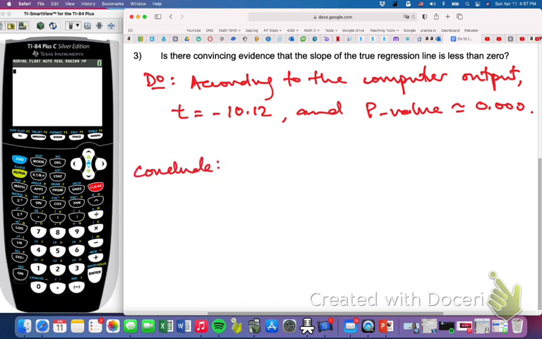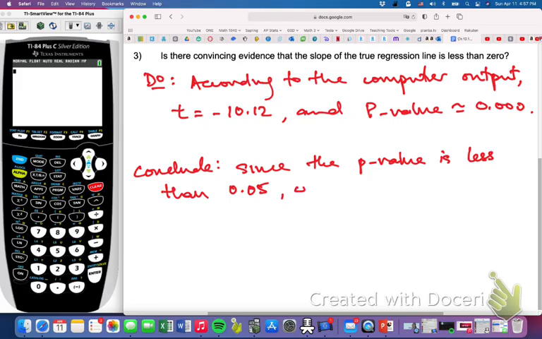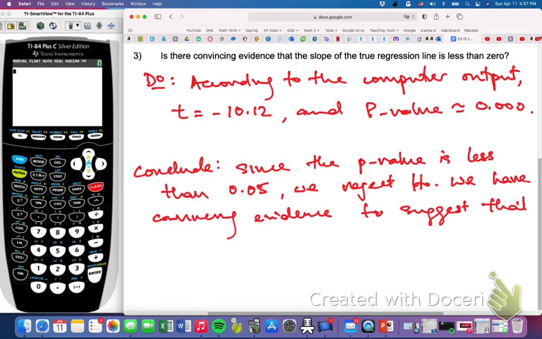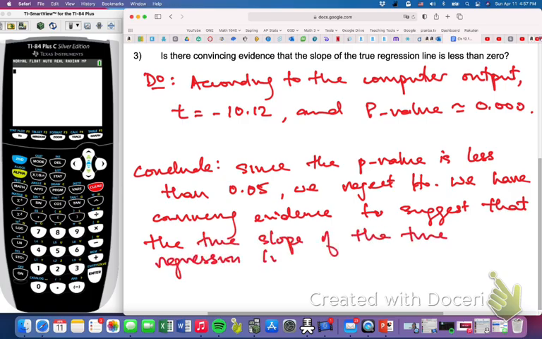So, now we conclude. Since the p-value, which is very, very small, close to 0, negligible, is less than 0.05, we reject H naught. We have convincing evidence to suggest that the true slope of the true regression line is less than 0.